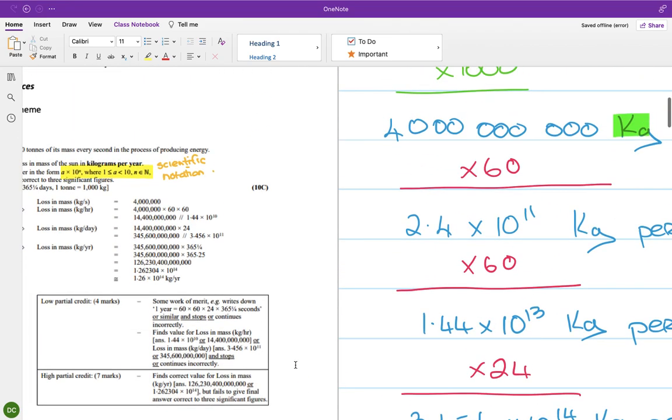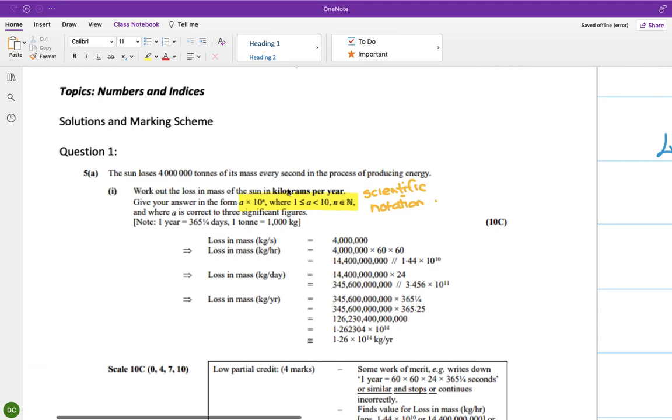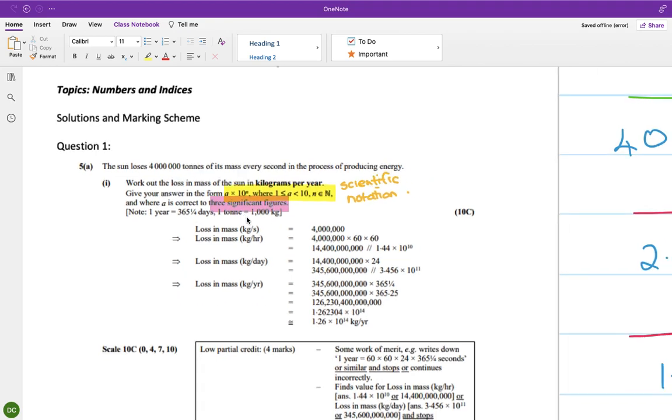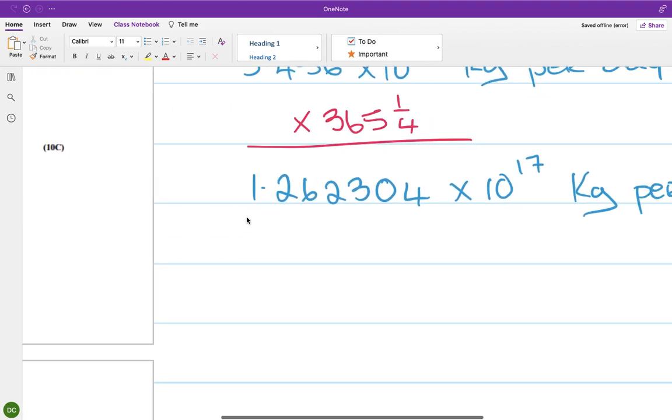Okay, so let's see what they wanted. Kilograms per year, scientific notation, which I have, and then the last thing, which I didn't highlight the first time around, is the 3 significant figures. Okay, so significant figures, we start counting at the very beginning.